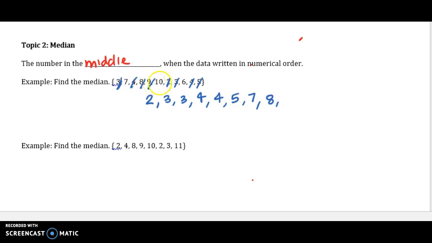So I got my 7, my 8, my 9, and my 10. Oh no, and I also forgot that 6. Again, this is why writing them down is helpful. Squeeze that 6 in there.